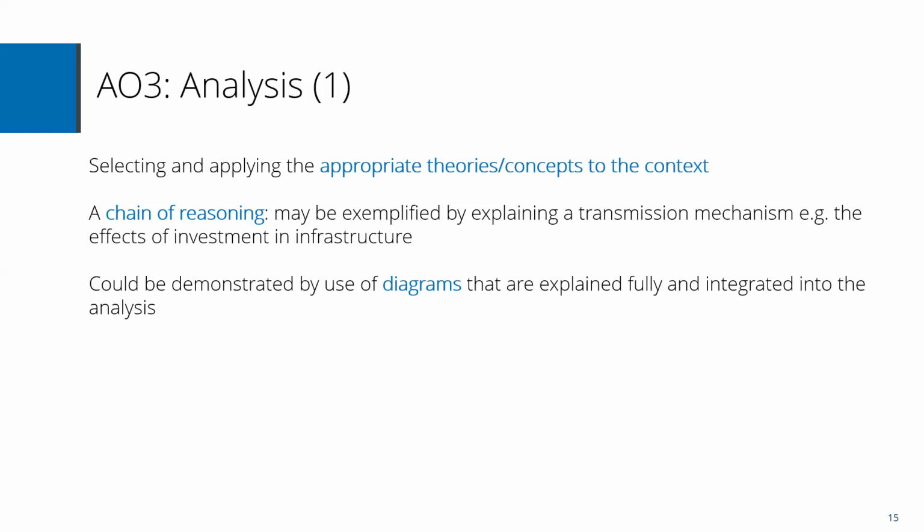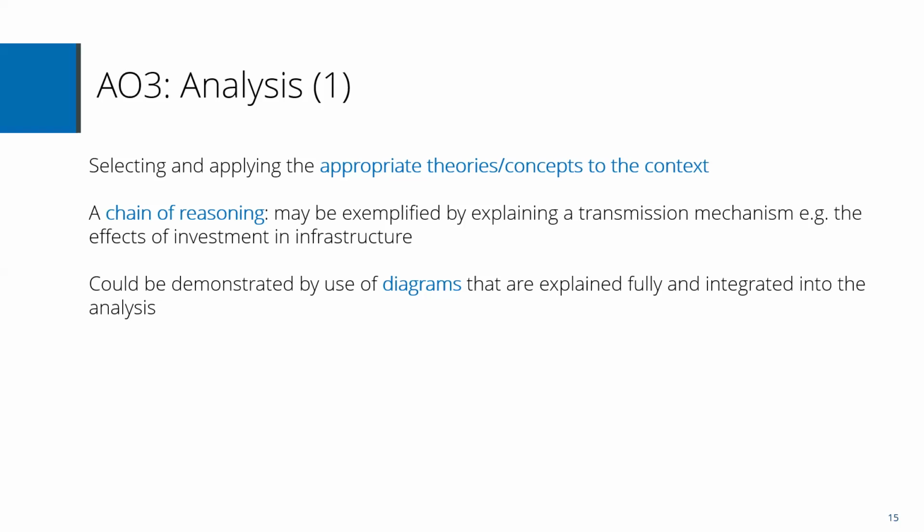So a chain of reasoning is explaining the cause, it's explaining the consequence, it's giving us a linked development to the scenario, why one particular situation might cause something else and the consequences of that. So why is that the case?